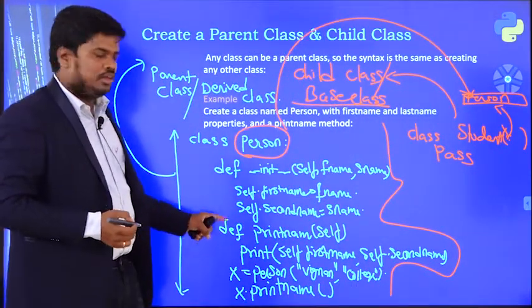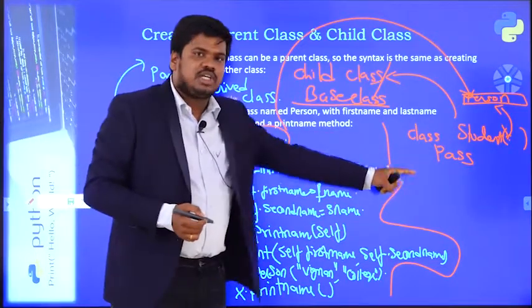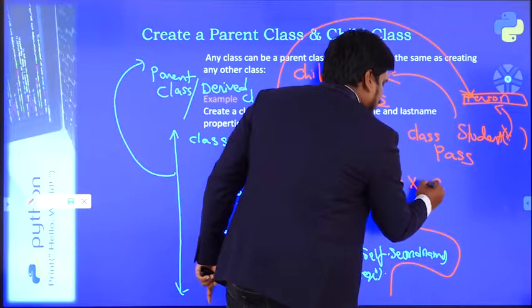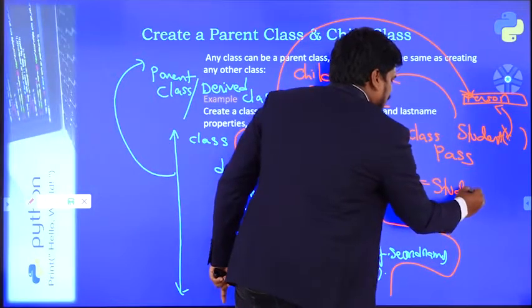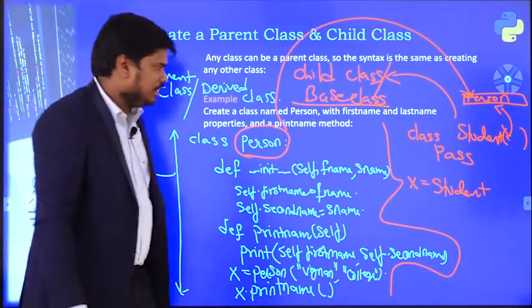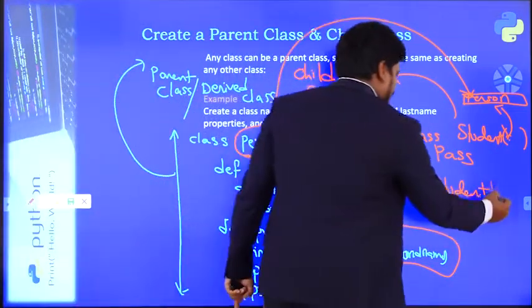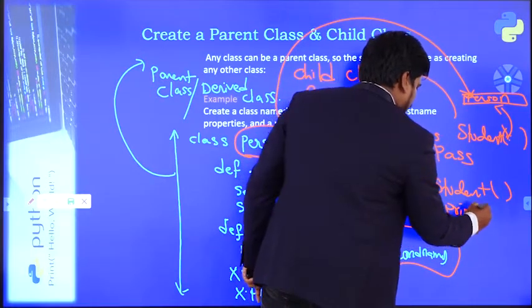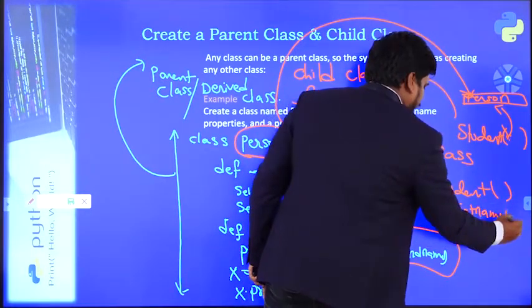And in order to access this, you have to create the object of the child class. So observe here, x is equal to Student. I have created an object, and next I want to print x dot print name.